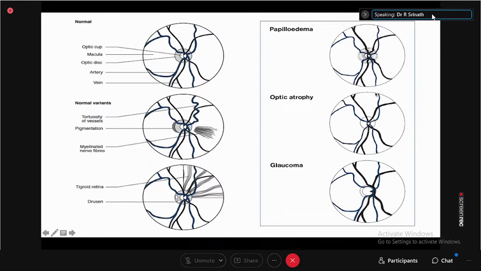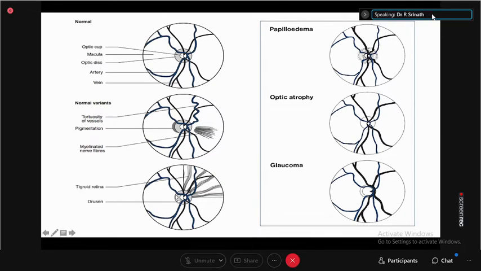You can see here, this is a normal fundus. In the normal fundus, there is an optic cup which is in the center, and the macula is the peripheral region, and these are the veins. Veins are a bit thinner, arteries are a bit thicker, and you can see arterial pulsations. Arteries move, veins generally move very, very less.